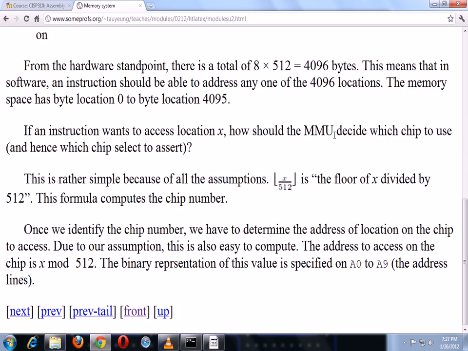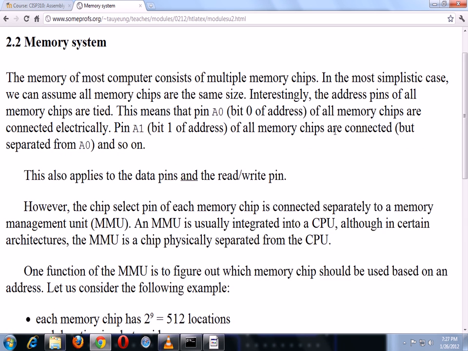I'm not sure whether I have a picture. I used to have a picture with my previous presentation of the same stuff, but it's not here anymore. That means if I want to draw a picture, let's say we have two memory chips in this case, and let's say we have the signal A0 coming in from the MMU, the memory management unit, from the processor.